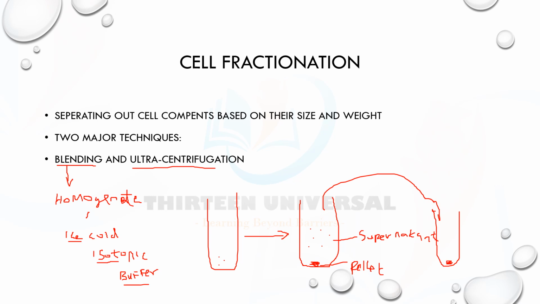That is going to be our pellet 2, P2. The supernatant of this is drained into the next tube and spun again at a higher speed to get our next pellet. Remember, the pellets are the heavier organelles separating out. That's how we get our organelles. This is P2, and that is P3 now. This continues until the last organelle is separated out.